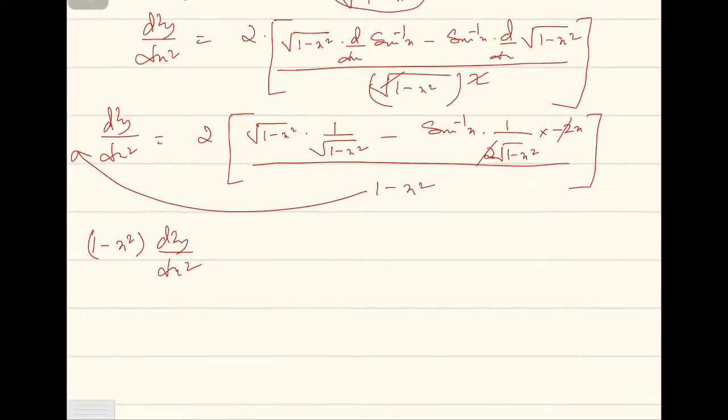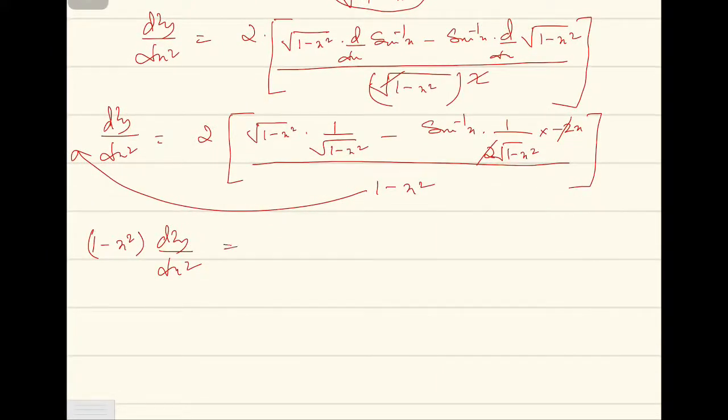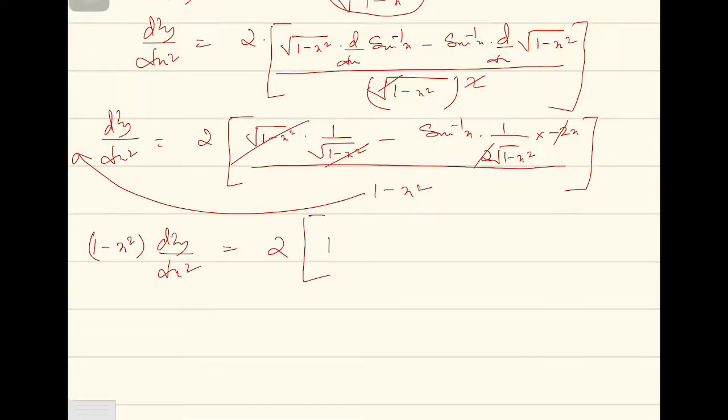So (1 − x²) d²y/dx². And this side I get, this gets cancelled. 2 open bracket 1 plus, because minus into minus becomes plus, x sin⁻¹x divided by under root 1 minus x². So that is what I have.